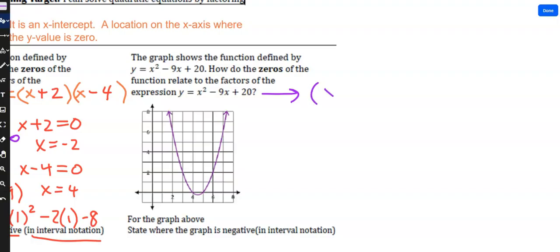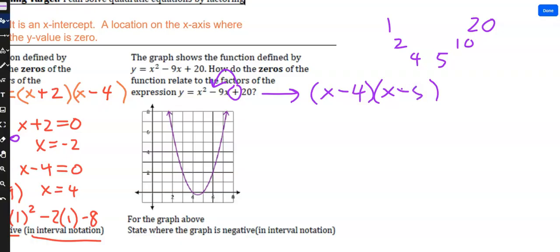All right, so we're going to factor this thing. We got our x's. We know that both signs have to be the same and both signs have to be negatives. Factors of 20, we got 1 and 20, we got 2 and 10, we got 4 and 5, and that's all our options. And of course it is going to be the 4 and 5 option. Now, when does this thing equal 0?